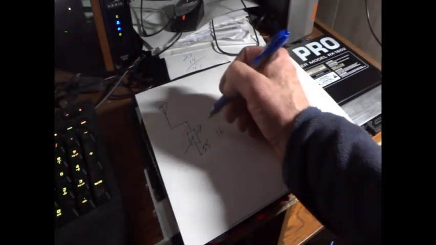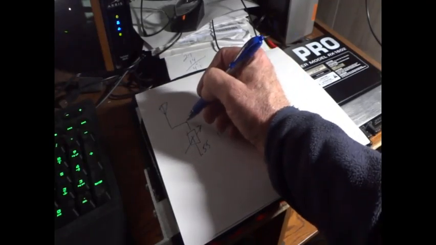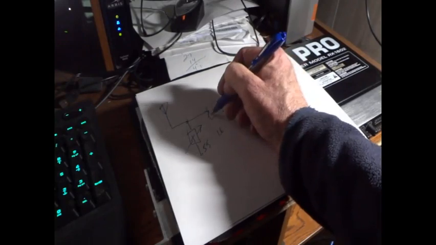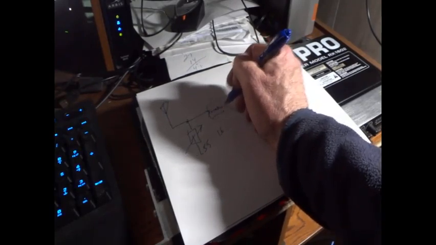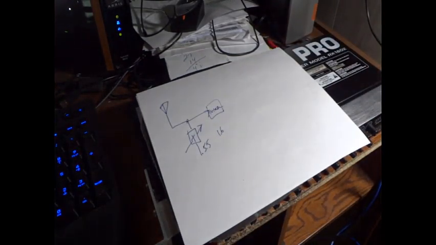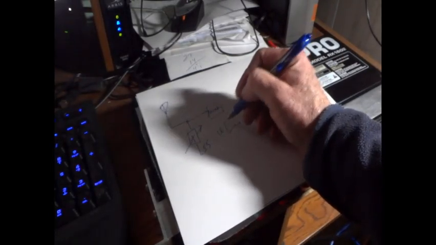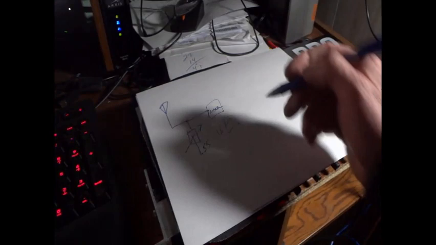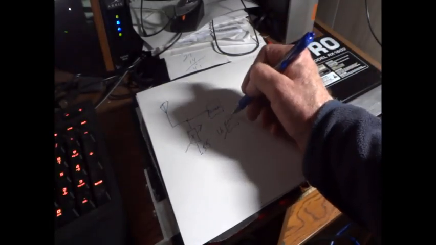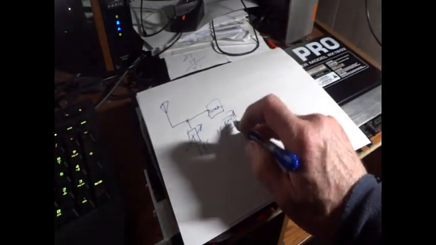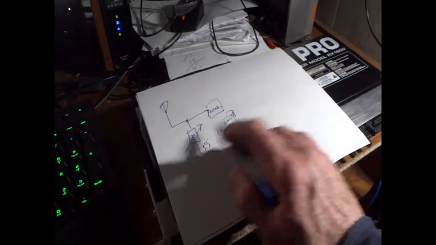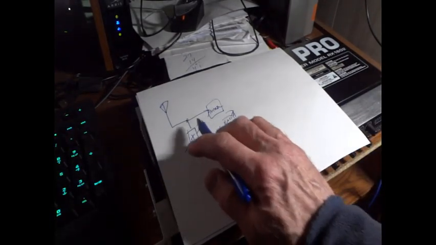So after it goes through the tuned circuit, the signal heads into what's called a mixer. What the mixer does is it has a local oscillator, I'll just call it LOC. The local oscillator is also variable with this tuning, so these two have to be more or less synced.